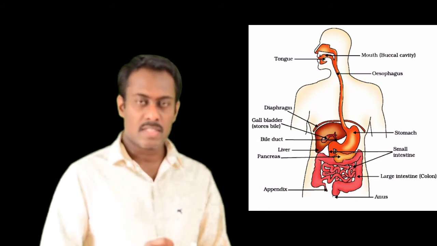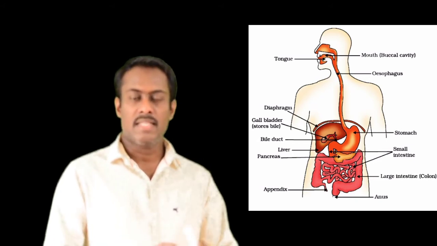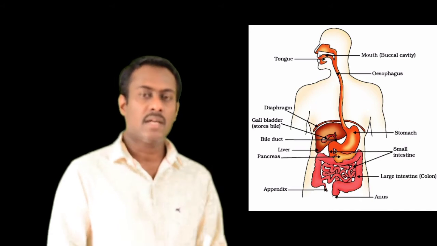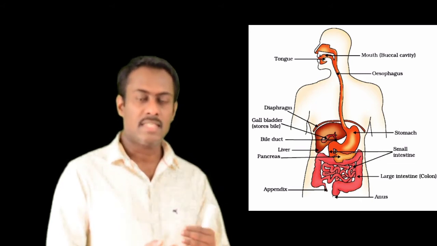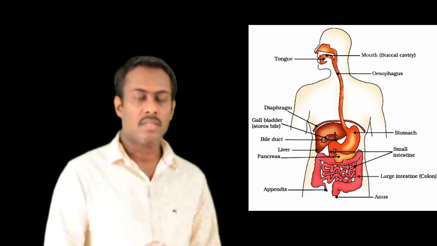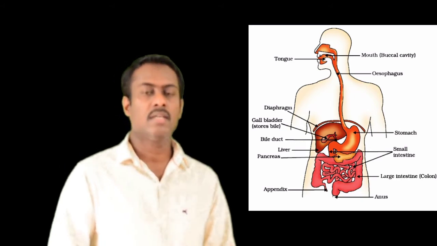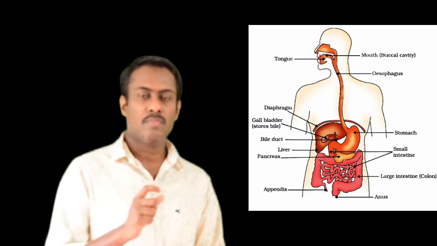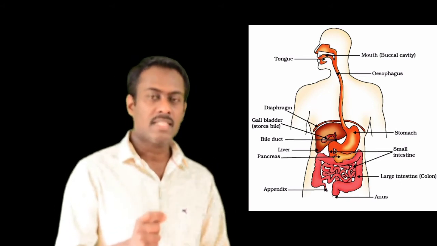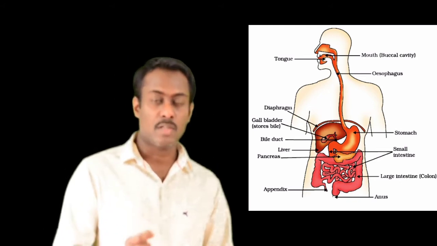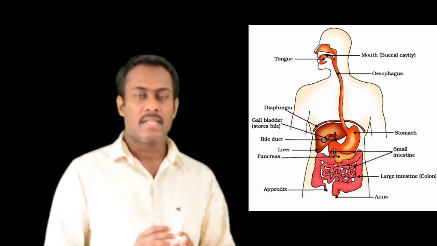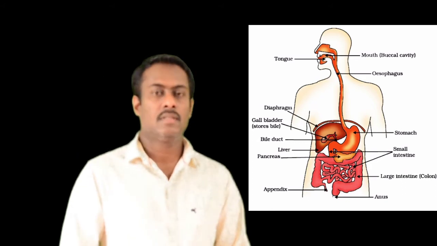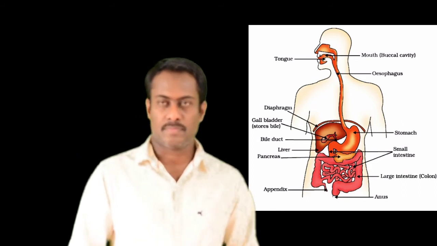This saliva consists of enzymes, and these enzymes break down the simplest particles and make them into a paste so that it can be easily passed through the oesophagus. And this oesophagus is made of muscles, and these muscles have a peristaltic movement. What do you mean by peristaltic movement then? It's a rhythmic contraction, and let us discuss in detail.